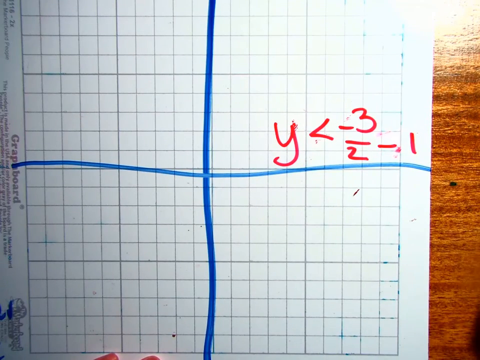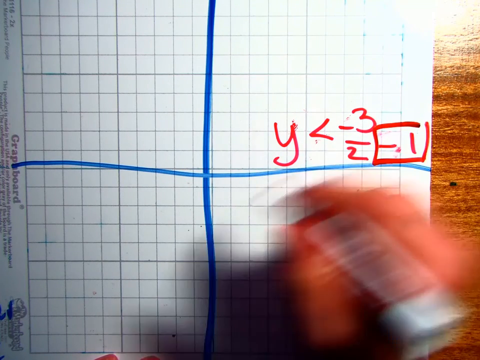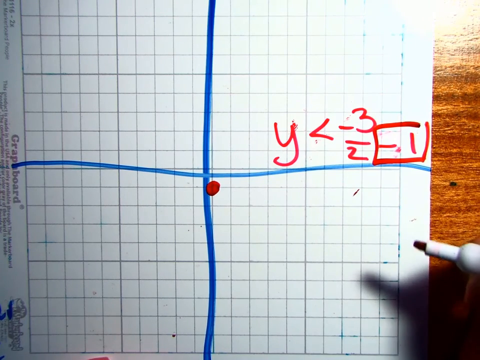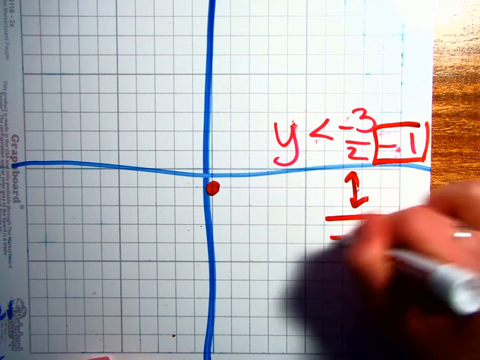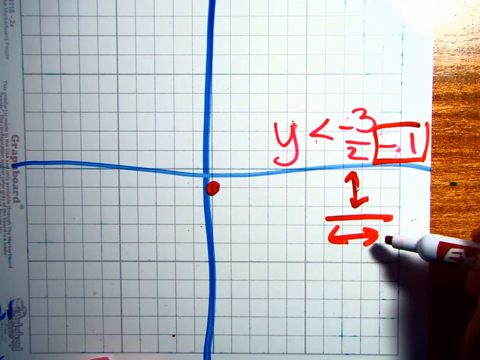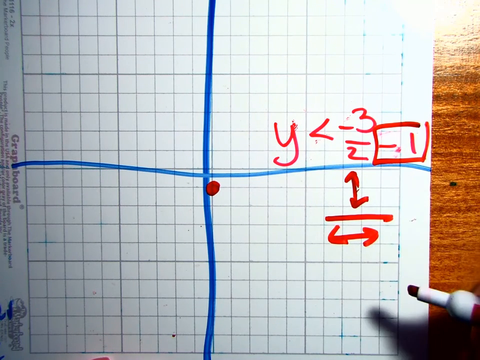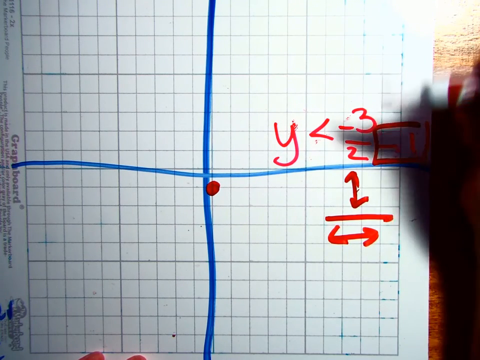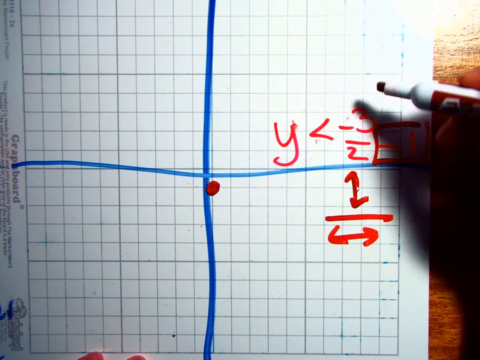Okay. Next example, y is less than negative 3/2 x minus 1. We're going to start by counting down 1. This time, because the slope is negative, we go down first and then to the right. I know a lot of people would be tempted to go down and to the left, but here's the tricky thing: see how there's only one negative number?